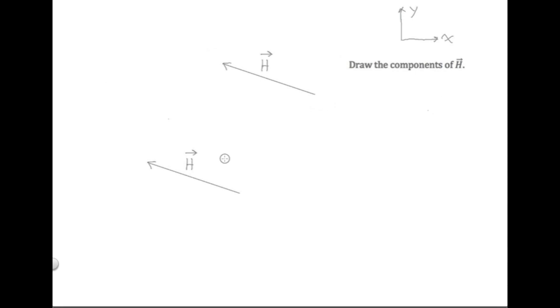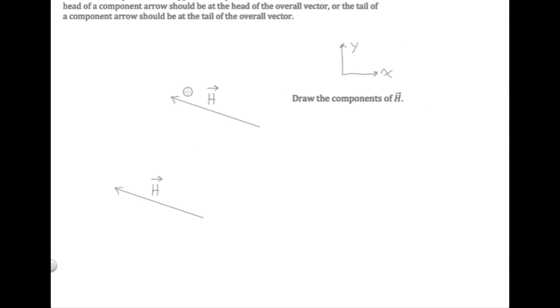Let's start by showing how we can use the right triangle method to draw the components of this vector. The first thing we can do is start over here and draw a line that's parallel to the x-axis. A line that's parallel to the x-axis would be a horizontal line. Then we can go here to the head of the arrow and draw a line that's parallel to the y-axis. That would be vertical in this case.